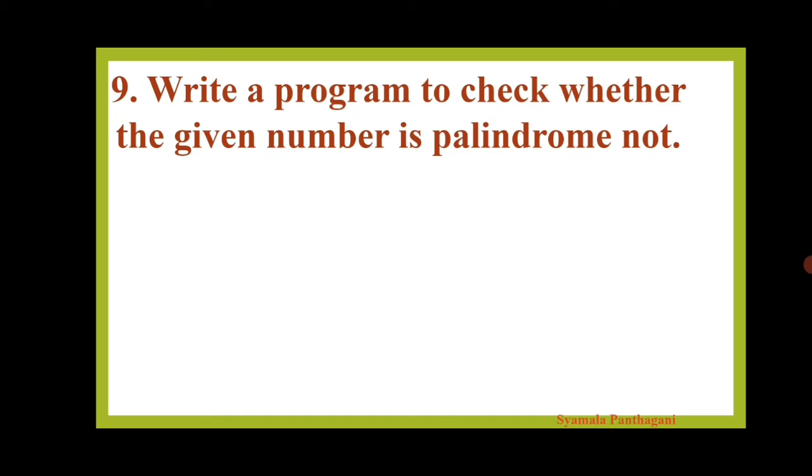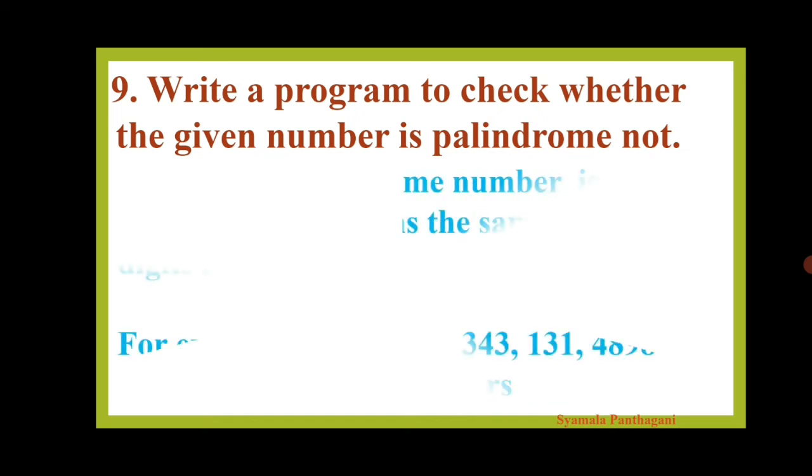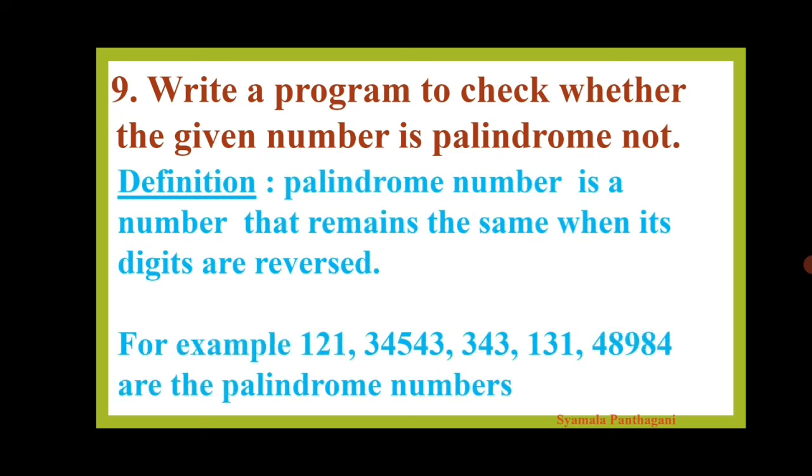Now, what is a palindrome number? The definition: a palindrome number is a number that remains the same when its digits are reversed. For example, 121.